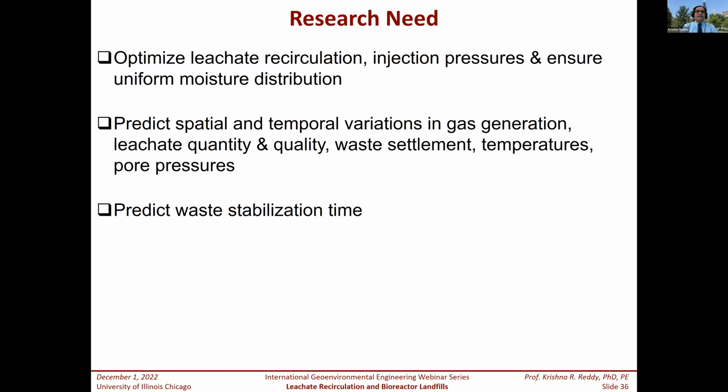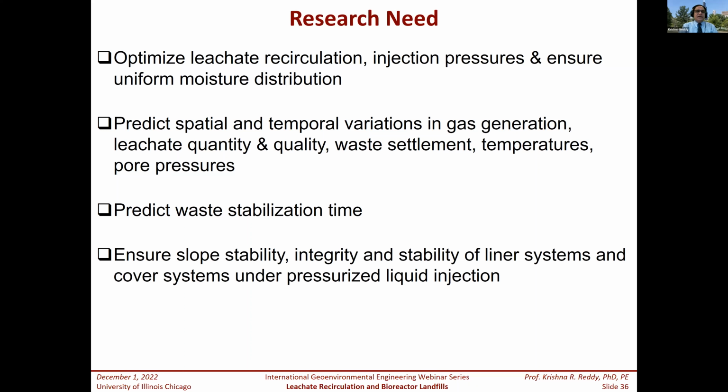And the regulating agencies like this because if you accelerate the waste degradation and the waste stabilizes faster, then there is no risk of environmental pollution and exposure after that, right? Environmental agencies are always after controlling environmental pollution and exposure. So if we can stabilize the waste earlier, these issues won't arise later.